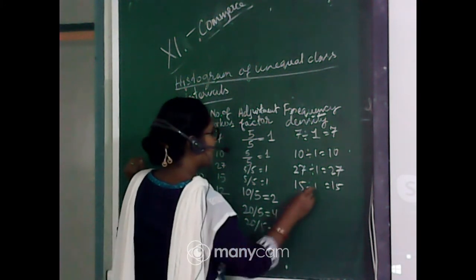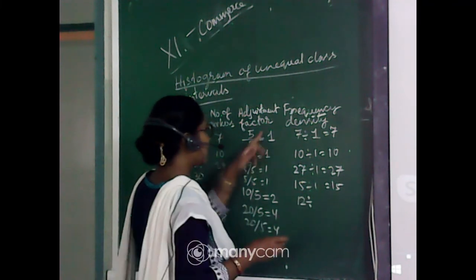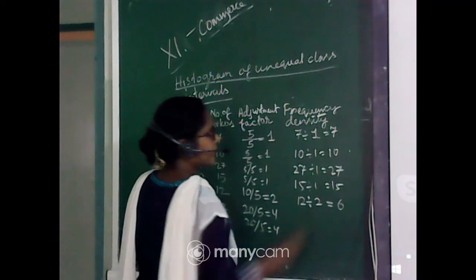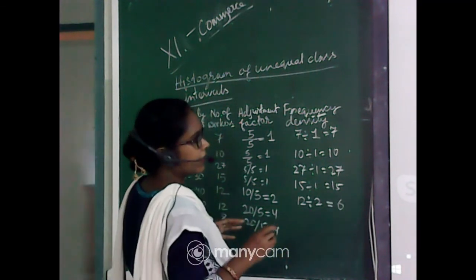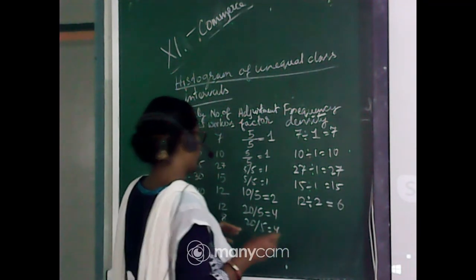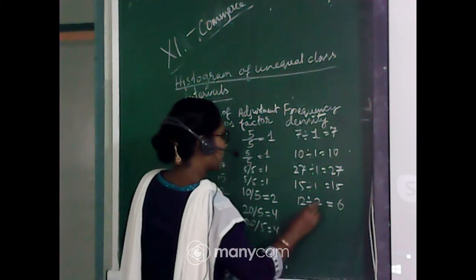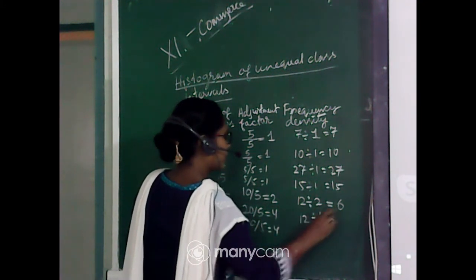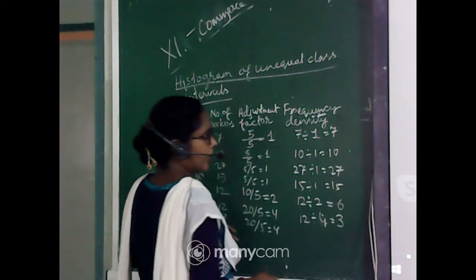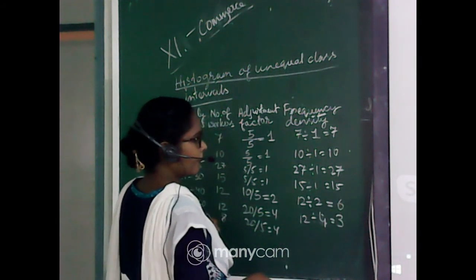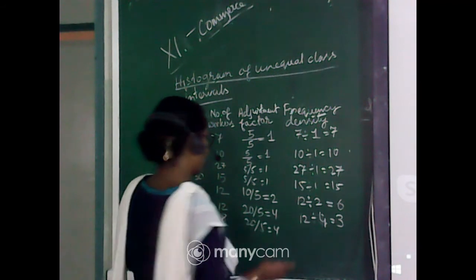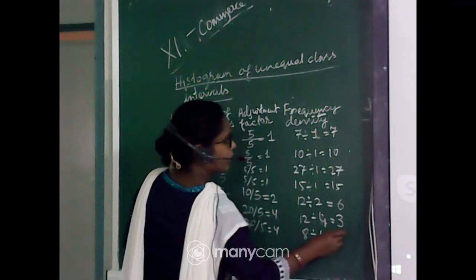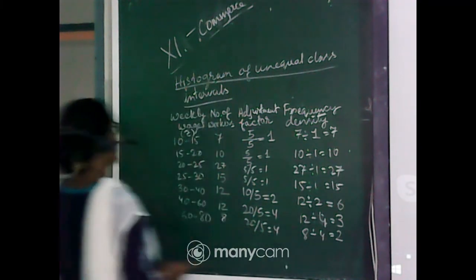The frequency is 12, divided by the adjustment factor 2, it will be 6. Clear, Kirtika? Next 12 divided by 4, yes, 3. And the next, 8 divided by 4, it will be 2. Yes, very good.